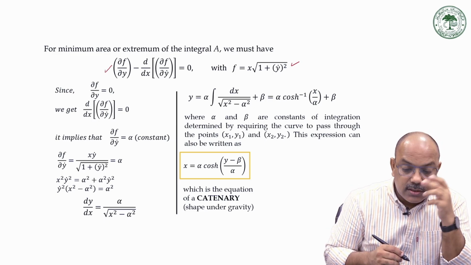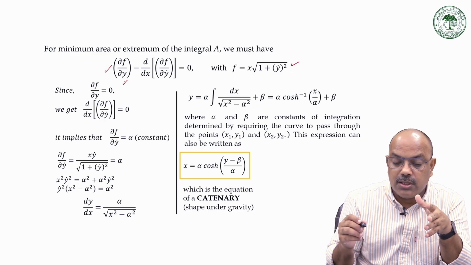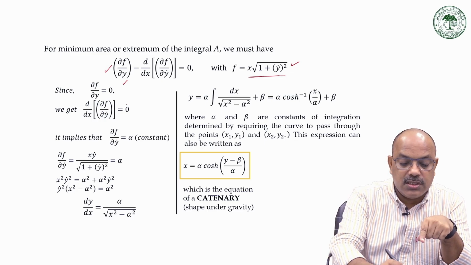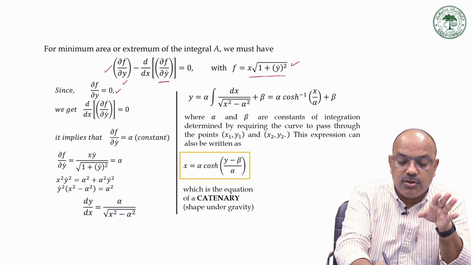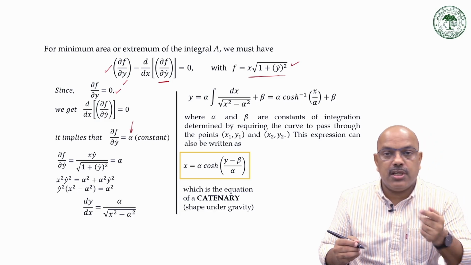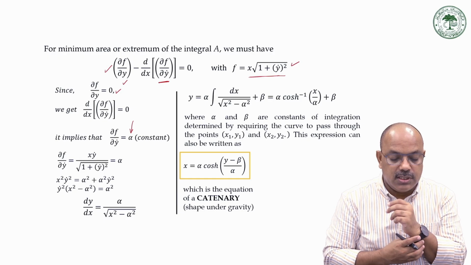Because x is the independent coordinate and there is no y in my functional, df by dy is 0, so naturally df by dy dot is going to be a constant of motion. Let's put it equal to alpha.